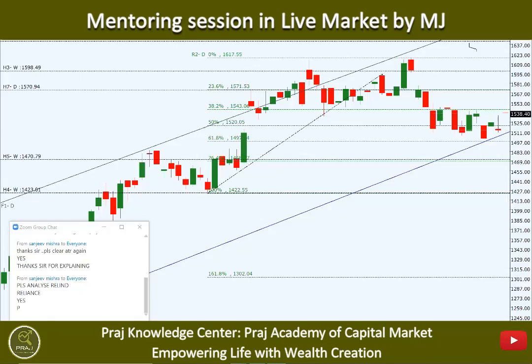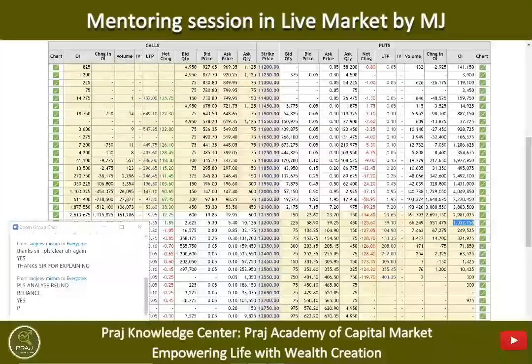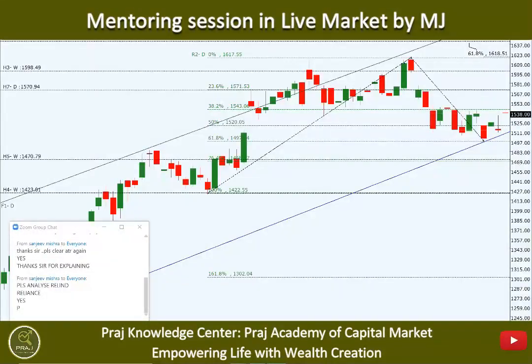What I would do is the extension, right? So if I apply it, the first target it has upside is 1618.